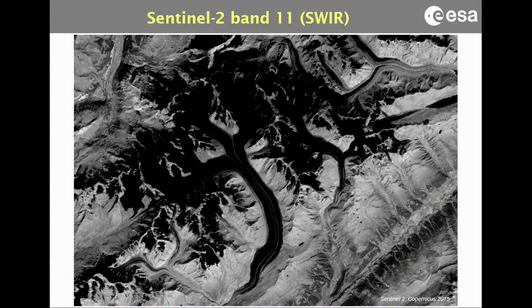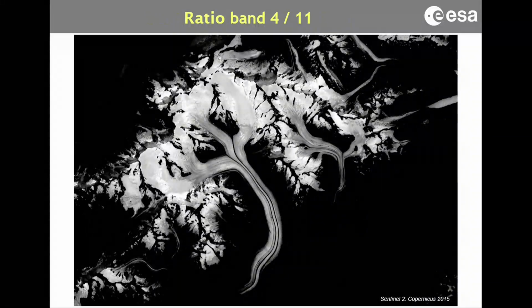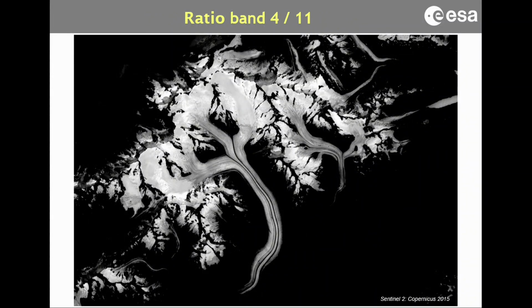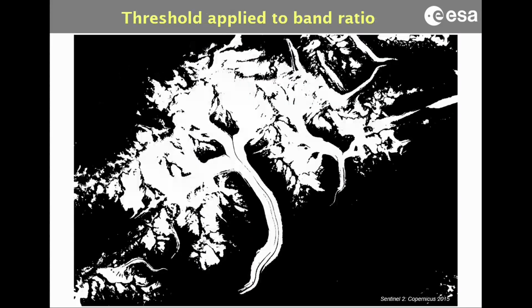And the core of the mapping is now we divide the raw digital numbers of the two bands, and we get a ratio image. So in this case, a band 4/11. And now we have a very strongly improved contrast between ice and snow and the rest. And we then just apply a threshold and have our glacier map.